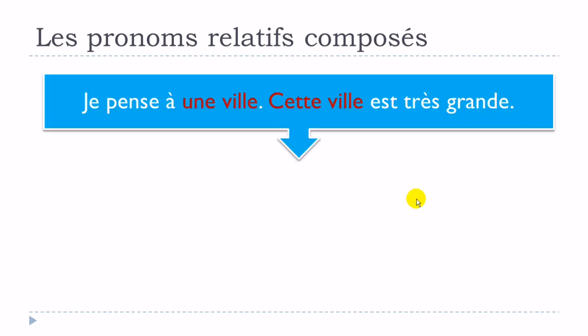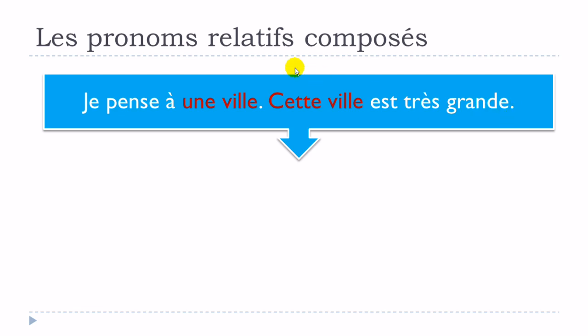So one example: you get 2 sentences. The first one, je pense à une ville, and the second sentence is cette ville est très grande. As usual, when we're talking about pronouns, the idea is to avoid repeating things.